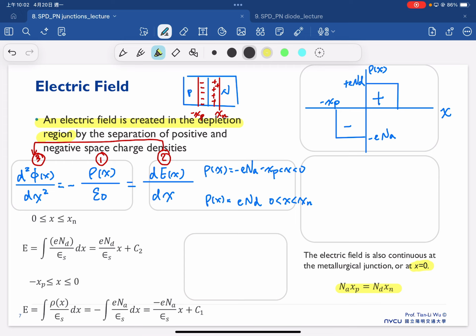So by considering all the information here, we have the electric field equal to minus qND over epsilon s times (xn minus x), and also minus qNA over epsilon s times (x plus xp).